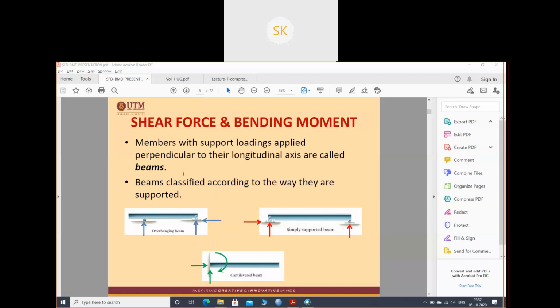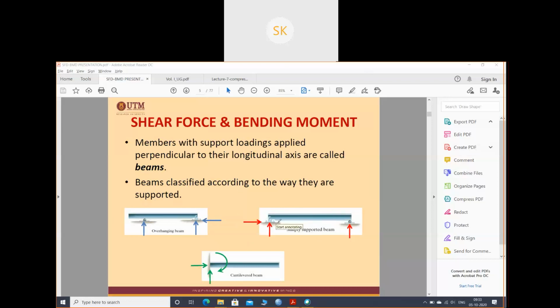So you have different types of beams. Members with supports and loadings applied perpendicular to their longitudinal axis are called beams. This is also a slender member; its length is more than its cross section. So this is a simply supported beam.